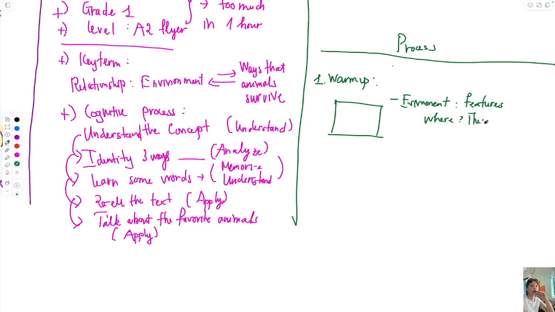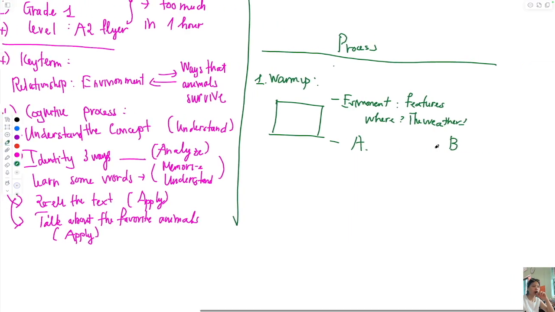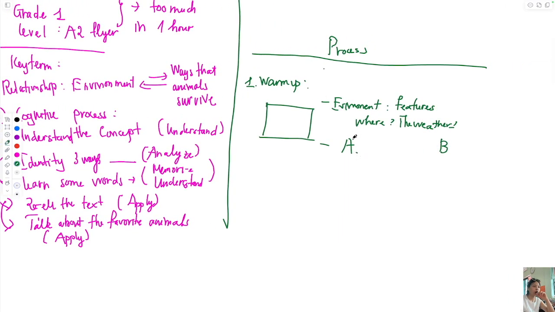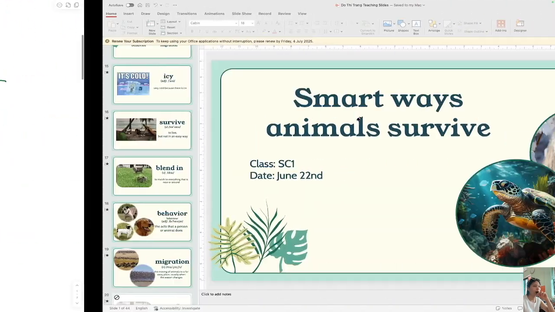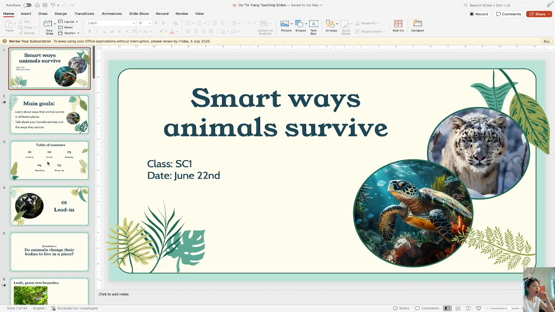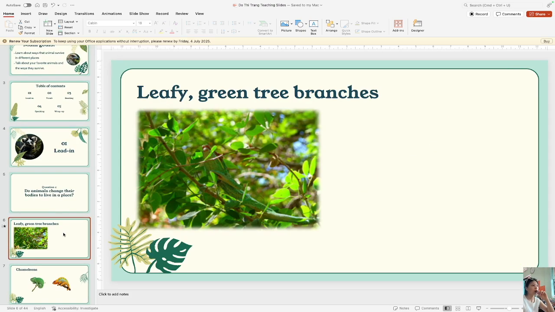Then I'm going to give them a choice of two animals, A and B, for example, the same animal but with different features, and they have to choose between A or B. For example, I show a picture of leafy green tree branches, and the weather is very hot here.